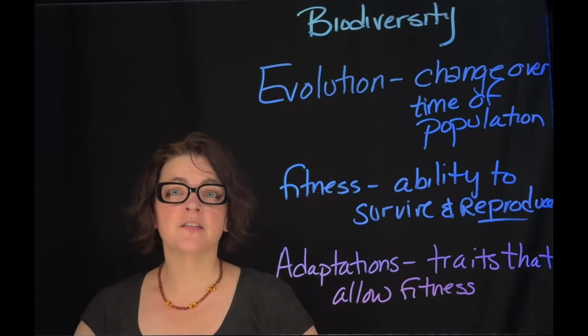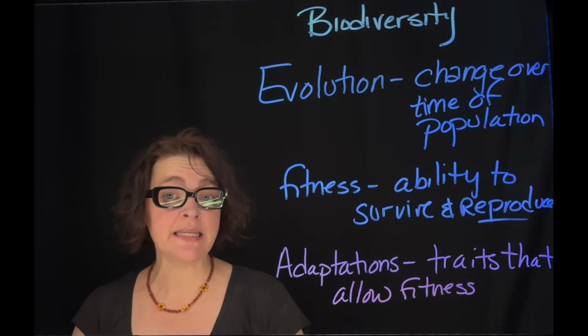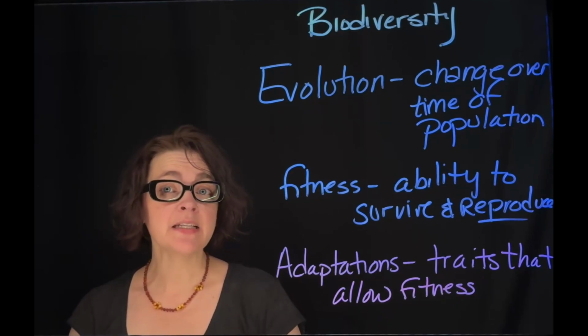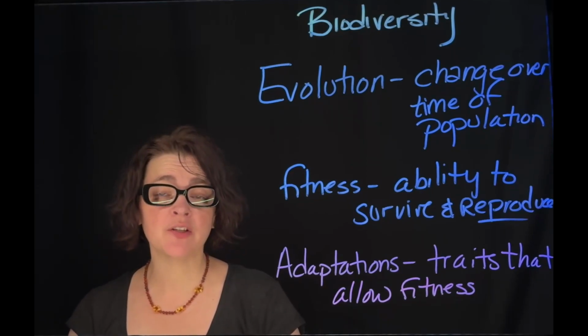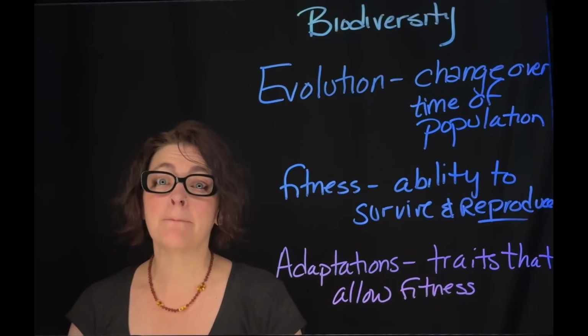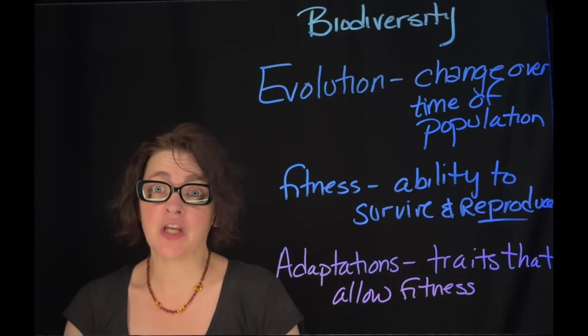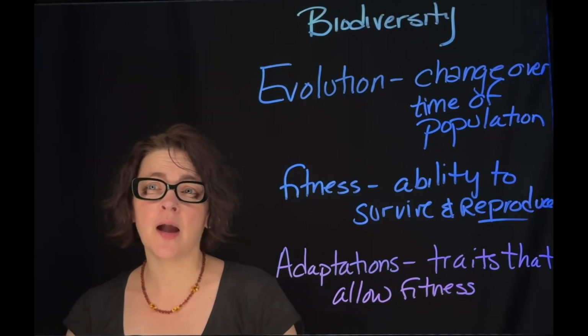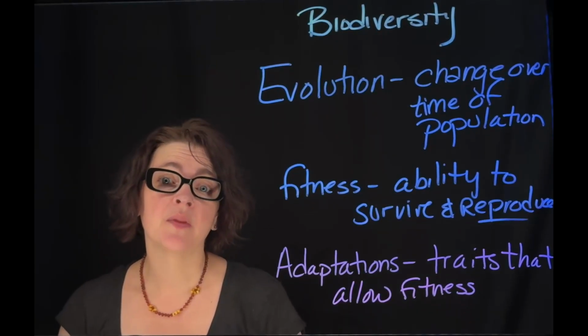Traits are defined by the organism's DNA. A slight change in DNA could mean a different trait. Slight changes in DNA can come from mutations, and just a reminder, mutations don't necessarily mean bad. Mutation just means change in DNA. It also could come from recombination of genes.